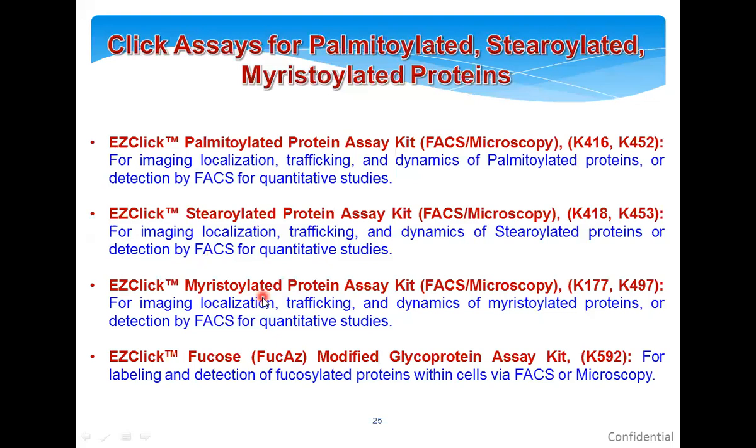It gets incorporated into the proteins, and then you add the copper and fluorescent azide, and detect the modified myristoylated protein via FACS for quantitative analysis, or microscopy. For fucosylation, you use a modified fucose as the analog, again cell permeable, and then detect the modified fucosylated protein via FACS or microscopy.